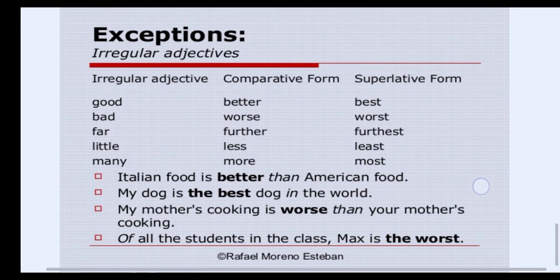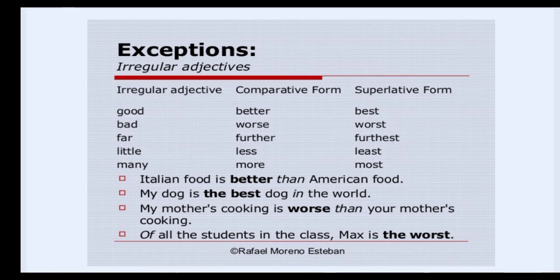Now, talking about the exceptions. See students, in language we mostly have exceptions. Exceptions will be there in language. So the exceptions for adjectives: the first exception is that good becomes better, and the superlative degree is best. For bad, the comparative degree is worse and the superlative degree is worst.